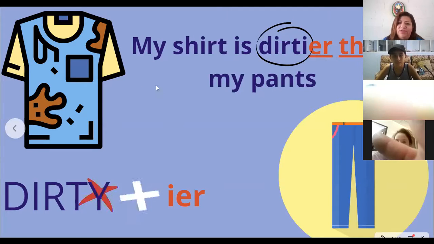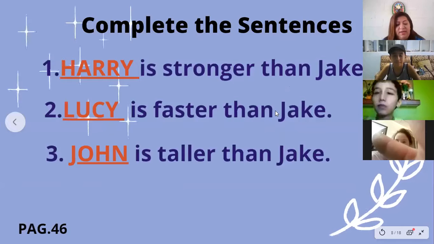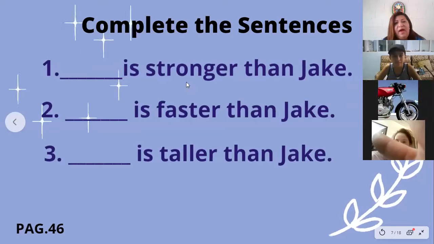We have a shirt, we have our pants. And the shirt is really dirty. So we are going to compare both of them. We take away the Y and we are going to say my shirt is dirtier than my pants. Remember that we need than to compare. Always remember that. Okay, let's have a look at our exercises.